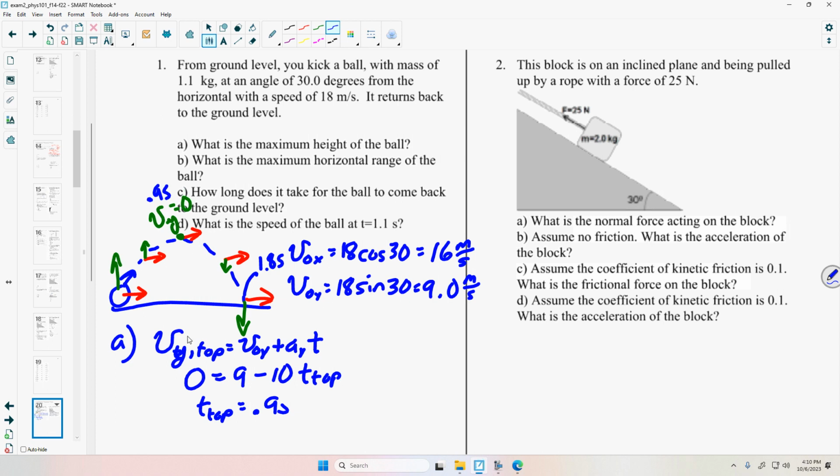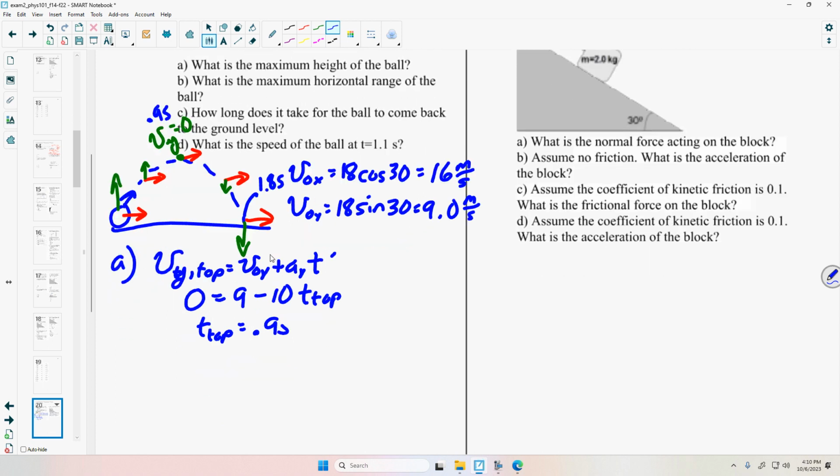So to find the maximum height of the ball, still in part A, I do this: y equals v naught y t plus 1/2 a y t squared. And now that I know the time, I'm just plugging that time in. Of course, I have two times, 0.9 and 1.8. But at the top of the trajectory, I use the time, that's the 0.9.